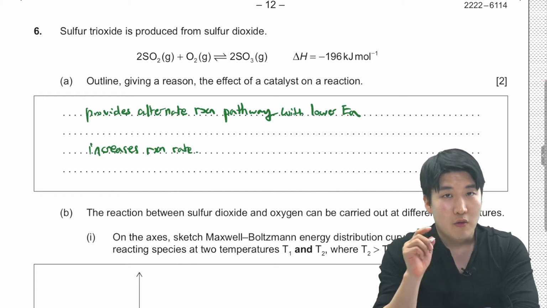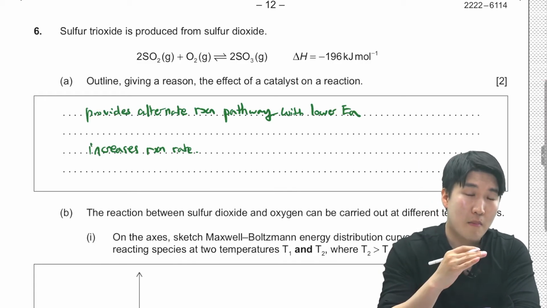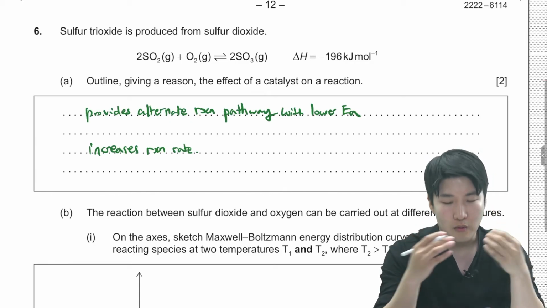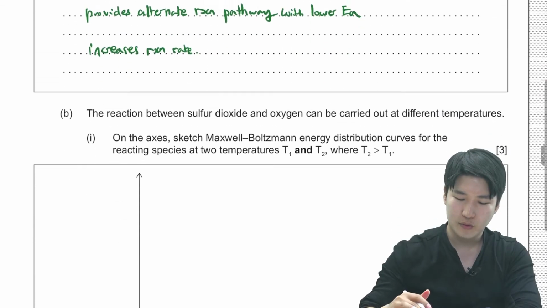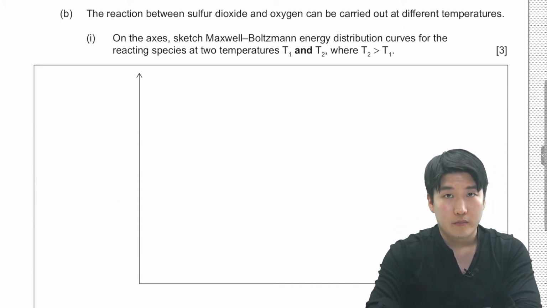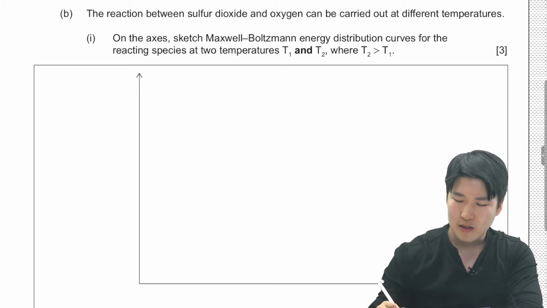Increases. Reversible reaction, there's the forward and backward reaction occurring simultaneously. Catalyst affects both reactions. Maxwell-Boltzmann distribution curve. X-axis is kinetic energy.